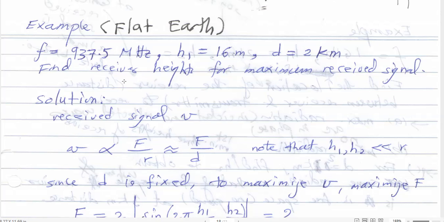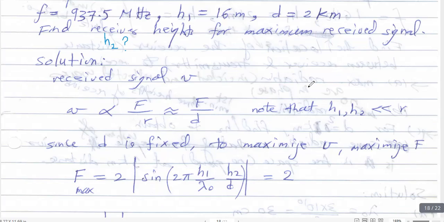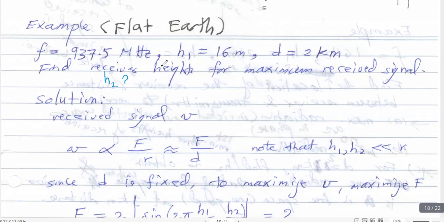Find the receiver height, h2, for maximum received signal. We want the signal power to be maximum. At a distance of 2 kilometers, what should be the height, or the heights, or the minimum height, which would give us maximum received signal?